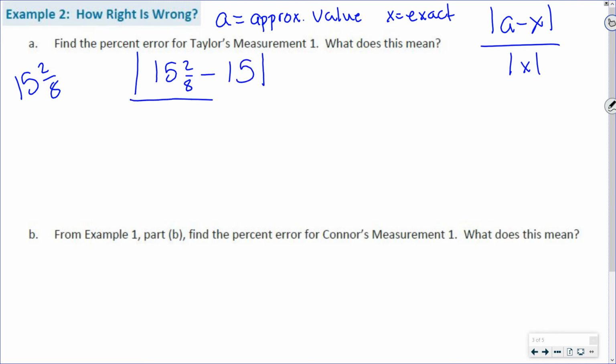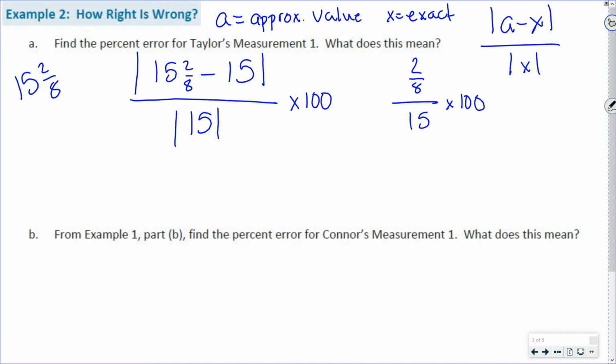And we're going to divide that by the actual distance of 15 inches, and we're multiplying that by 100. So 15 and 2/8 minus 15 gives you 2/8. We're going to divide that by 15 and then multiply by 100. Now, 2/8 simplifies to what? Right, 2/8 simplifies to 1/4.